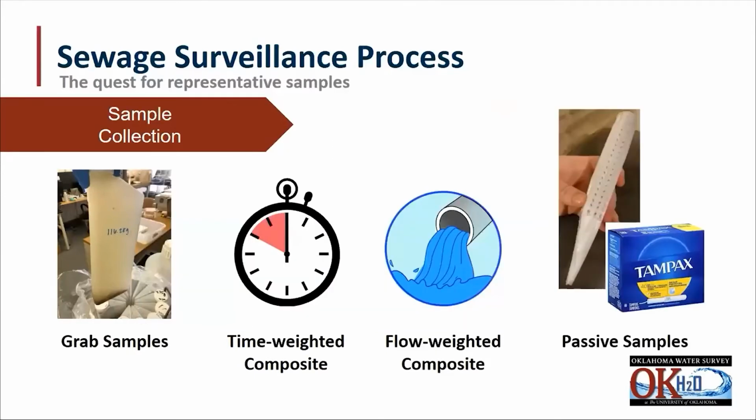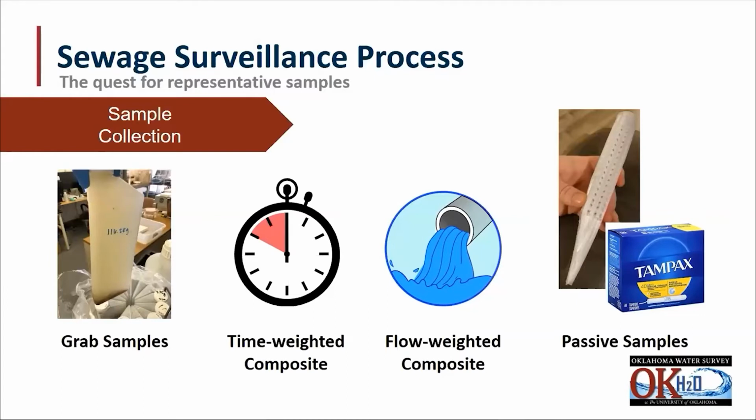And then the final sample type that is to some extent more experimental from a quantitative basis is sampling with passive samplers. We're utilizing this 3D printed design from a colleague down at Monash University in Australia, and sampling with tampons, so the cotton buds inside of there.